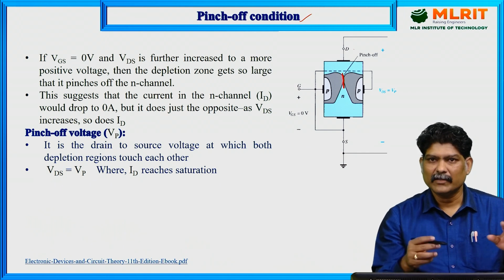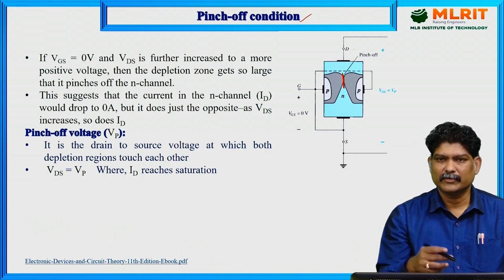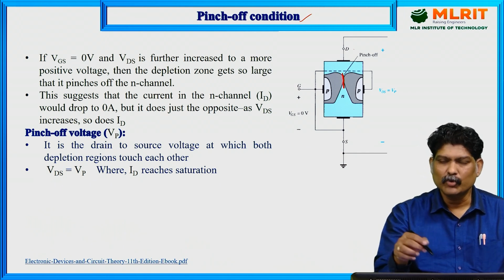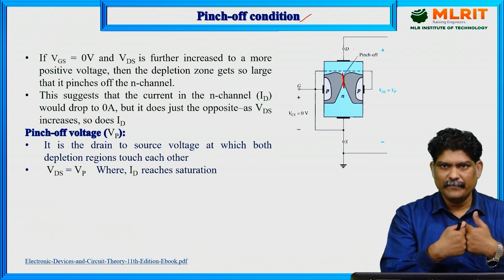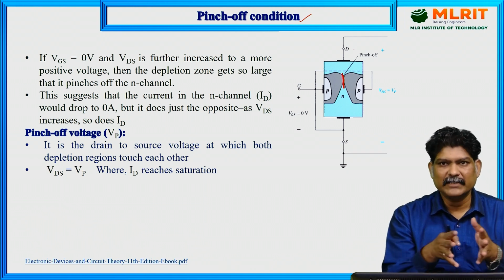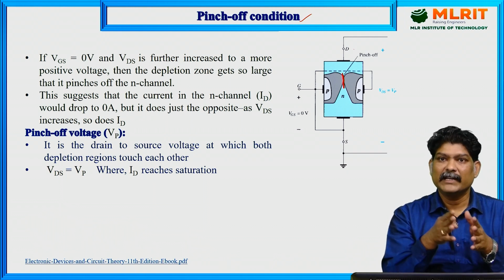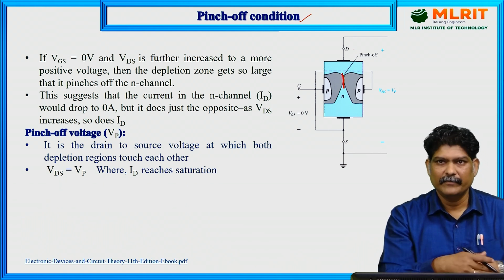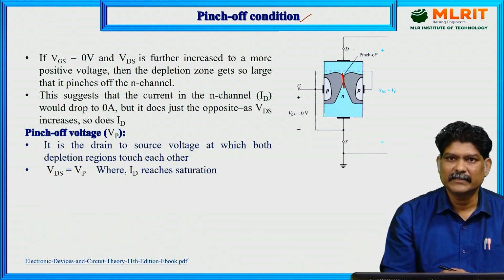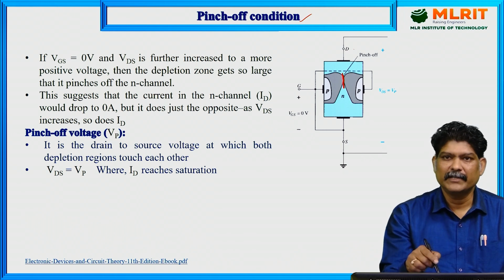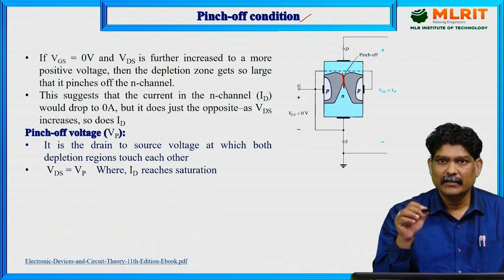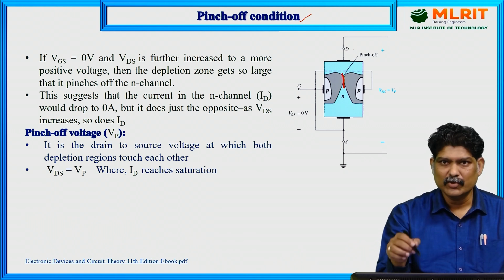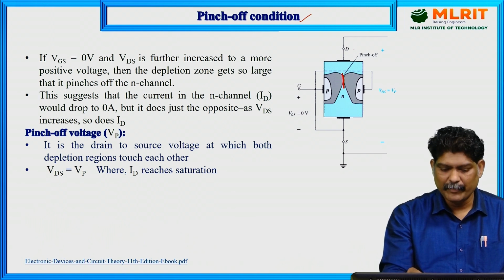So what are the consequences of the pinch off condition? Pinch off condition means where the 2 depletion regions touch each other, at the same time channel width is decreased and resistance of the channel increases. And one more important way to explain this is at that particular condition your VDS, the drain to source voltage, is exactly equal to VP, pinch off voltage.